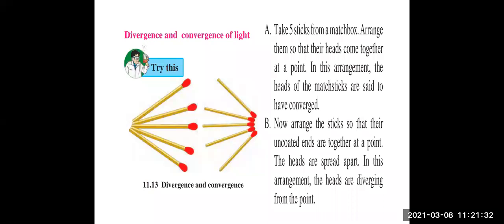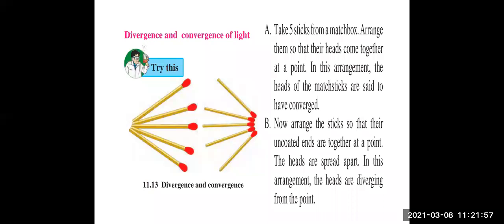First diagram is of divergence, second is of convergence. You can see 5 matchsticks are taken. Arrange them so that their heads come together at a point. In the second diagram, all the heads of the sticks are at one point. The red color is the head of those sticks.